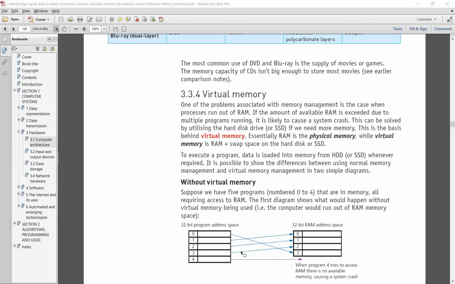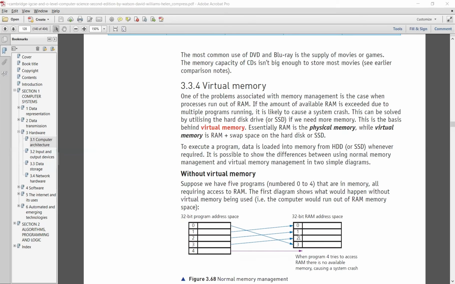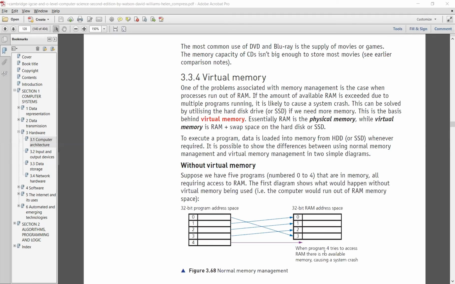Just remember the diagram itself is very self-explanatory. In a normal situation, more processes are open and less memory is available, so many applications open may cause problems.